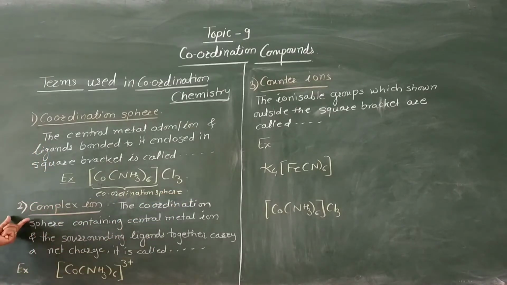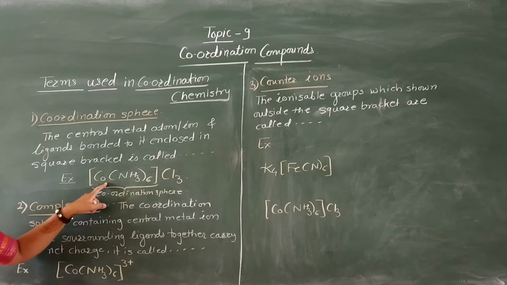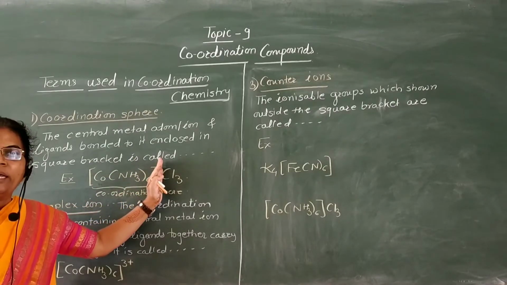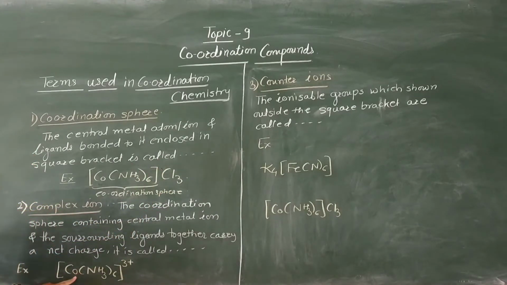Now second, complex ion. Now look here. When this coordination compound undergoes dissociation in water, the 3 Cl minus ions undergo dissociation and formation of the Co(NH3)6 3 plus ion and 3 Cl minus ions takes place.